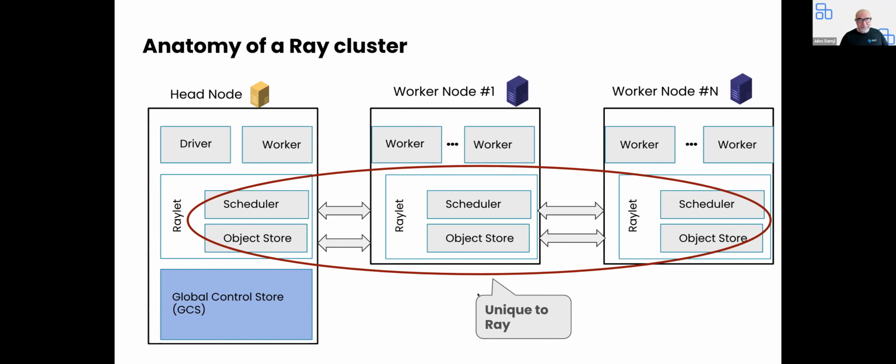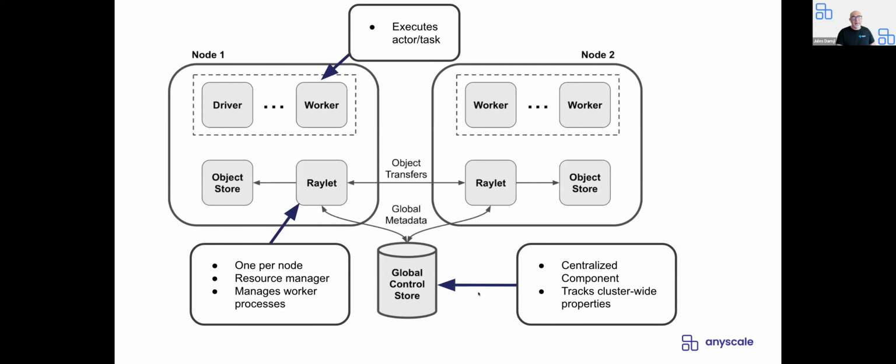And if I look at the more individual tasks, you've got the driver, which I said is the main task that would talk to the Raylet to say, go ahead and execute this particular task. And the Raylet will try to figure out how do I schedule tasks? What are the requirements? Do I need CPU? Do I need GPUs?